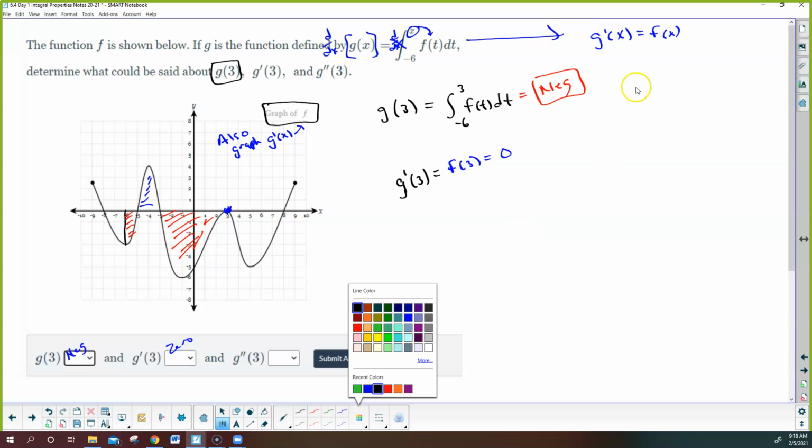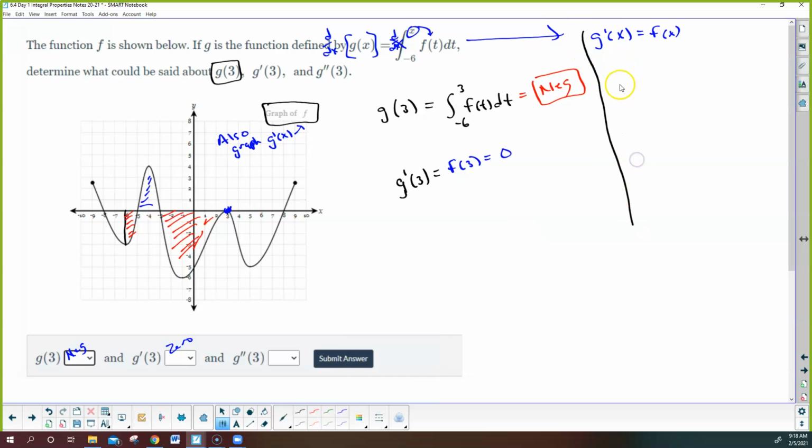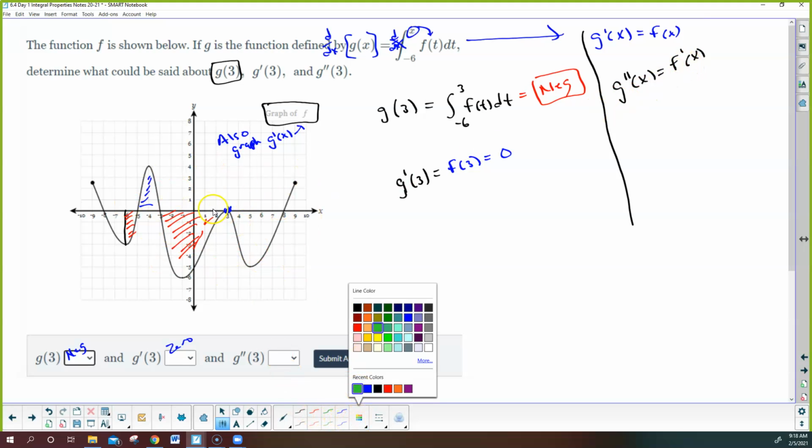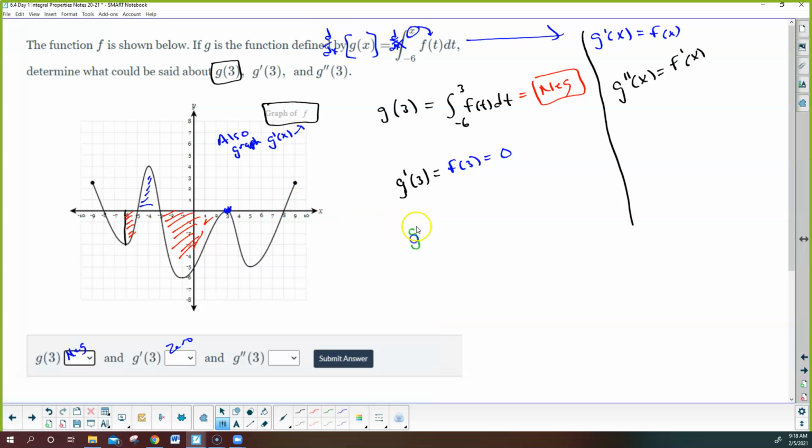And then I have to make the connection to what is g double prime. Well, g double prime is actually equal to f prime. So it's the slopes of this graph. So what are the slopes at 3? The slope of this tangent line right here is 0.